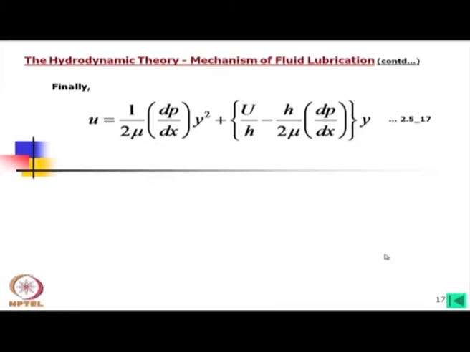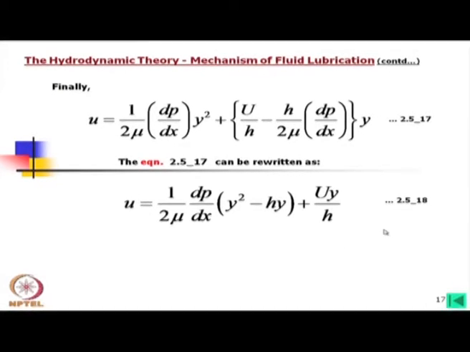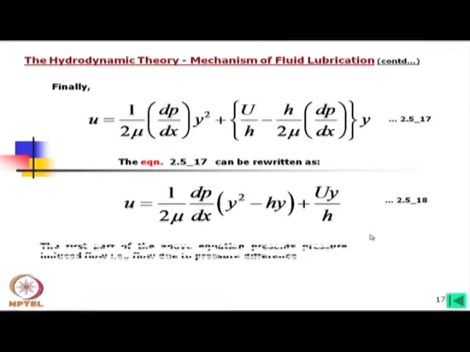So, finally, we get u is equal to 1 by 2 mu dp by dx y square plus U by h minus h by 2 mu dp by dx into y. We can rearrange this and write the equation in the form 1 by 2 mu dp by dx into y square minus h y, plus U y by h.